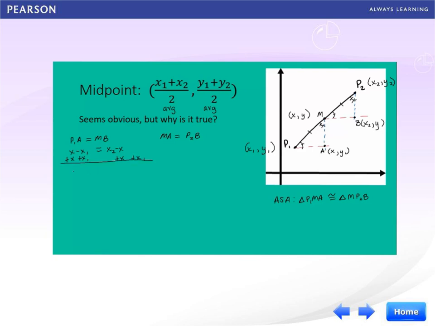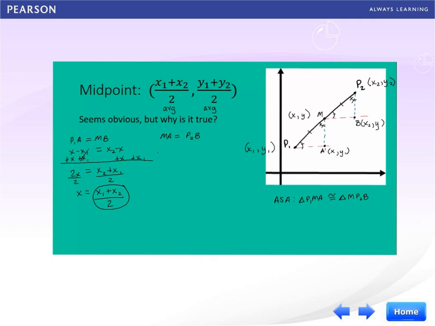Okay, let's see what we've got. We've got 2x is equal to x2 plus x1. And if I divide both of those by 2, you can see that this is pretty much my midpoint formula. Let's clean it up and rearrange it. And there's the x coordinate of the midpoint right there.